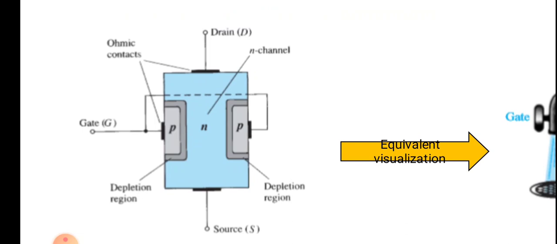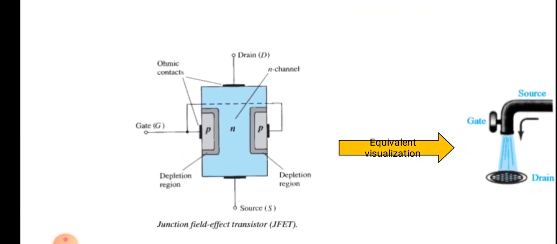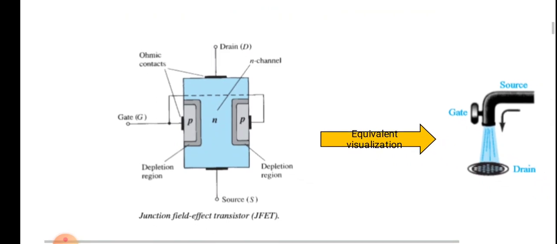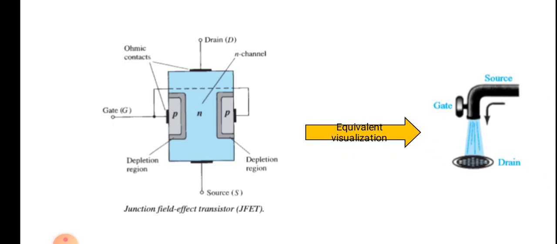The role of the gate is to control the current. All these terminals, drain, source and gate, are connected to the semiconductor layers with the help of metals, and that's why they are called metallic contacts, also known as ohmic contacts.